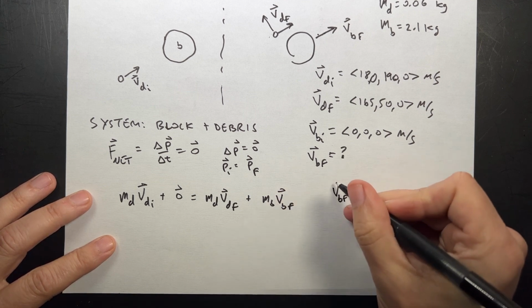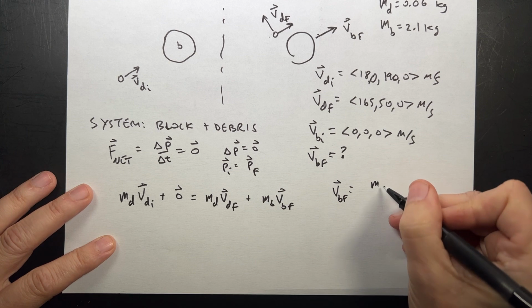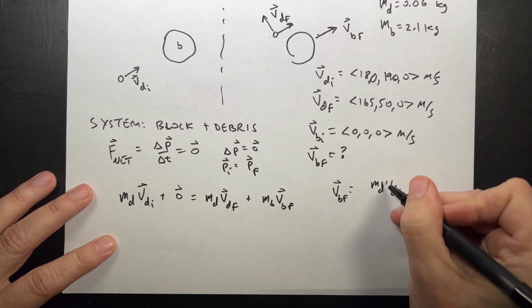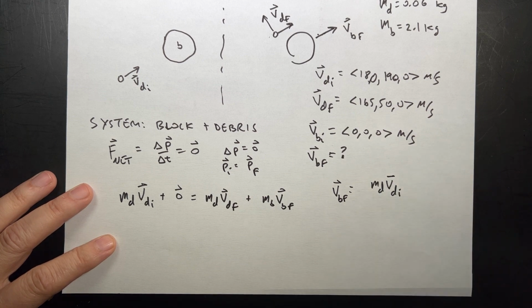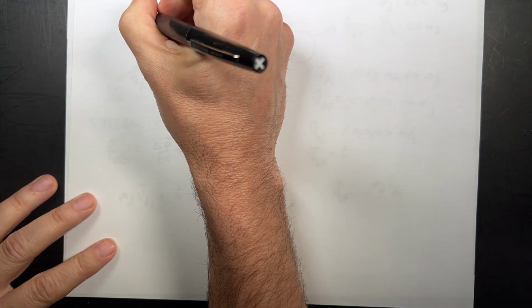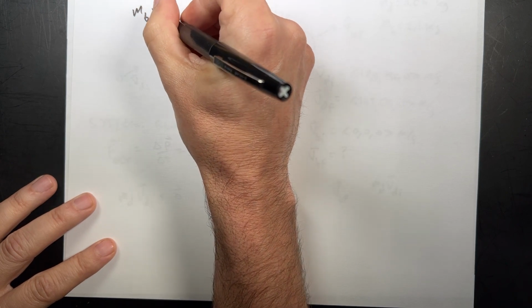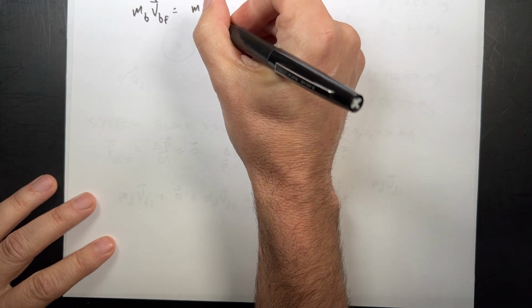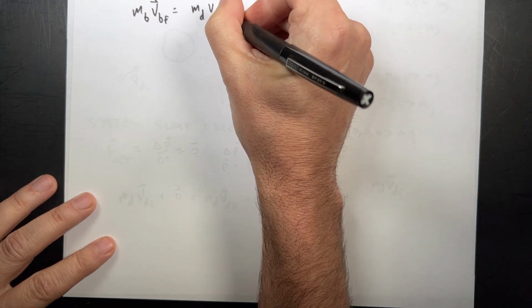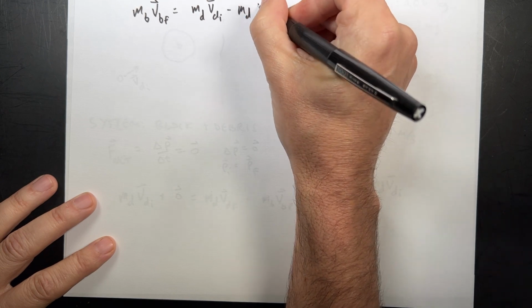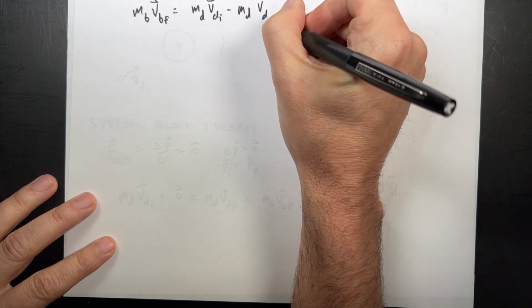I can subtract this from both sides, and divide by the mass. I'm going to write on a new piece of paper. I feel like I'm making a mess. So mass of the block times velocity of the block final is going to be equal to mass of the debris times velocity of the debris initial, minus mass of the debris times velocity of the debris final.